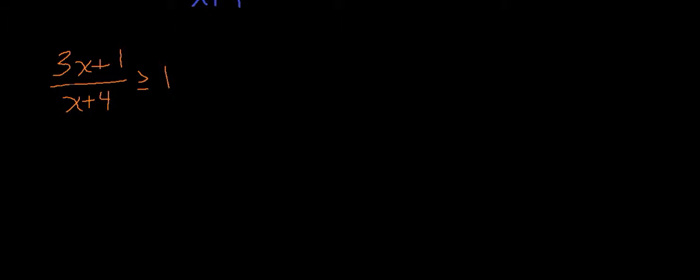Alright, so here what we will do first is multiply both sides by x plus 4, okay? So I multiply this side by x plus 4, and I multiply the right hand side by x plus 4.